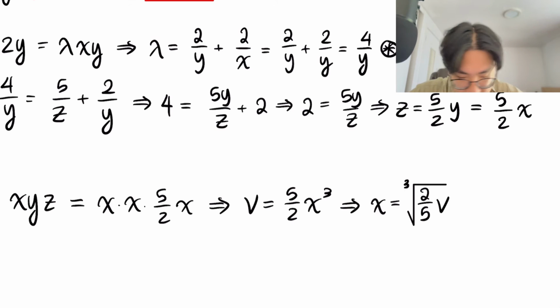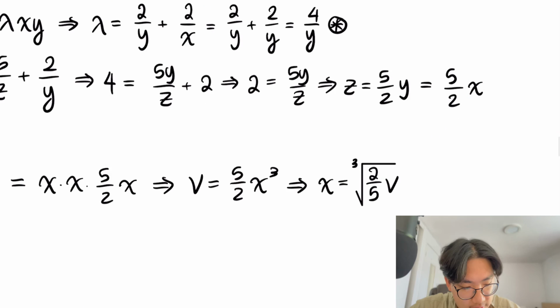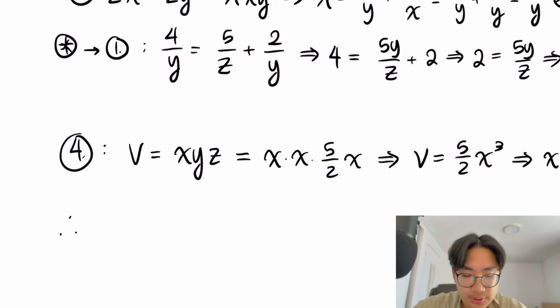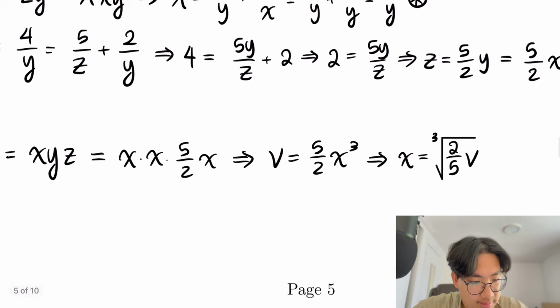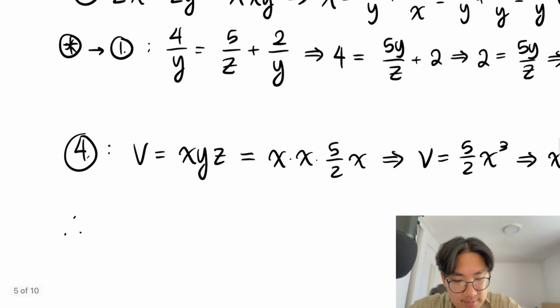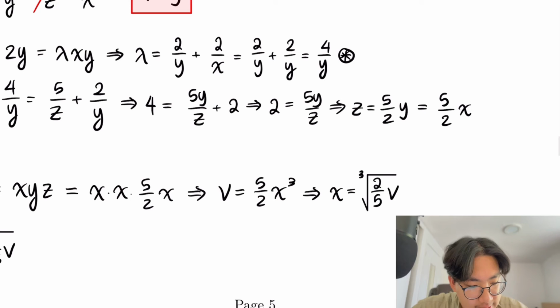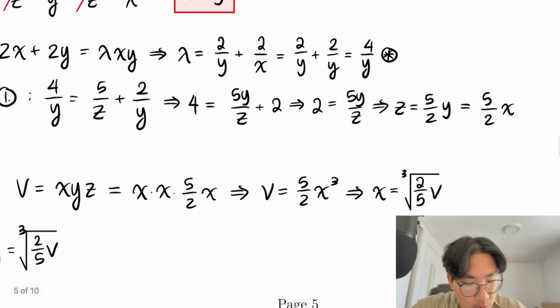So cube roots, and then similar idea here for y. We know that x is again equal to y, meaning we have this expression again. So therefore y is also equal to 2 over 5v cube rooted. And then z we have as an expression of either x or y.